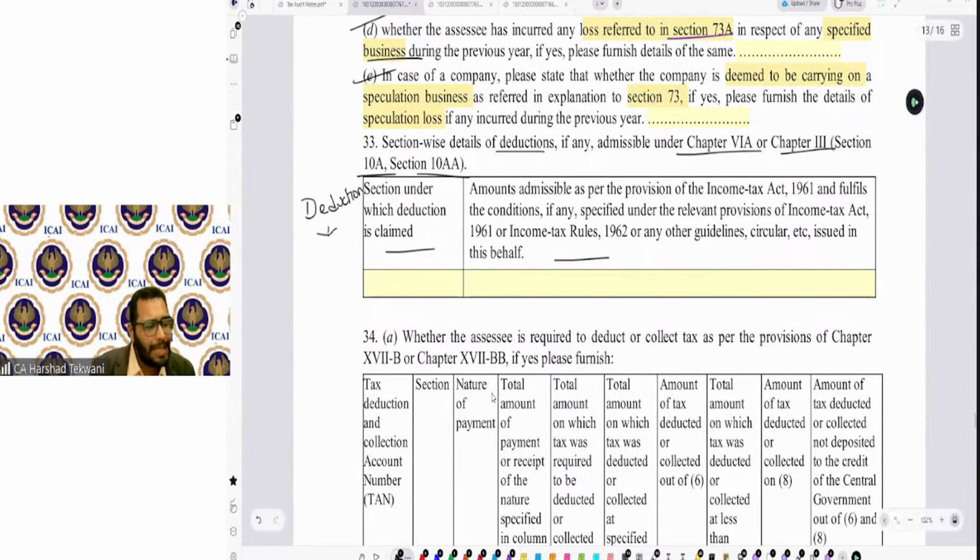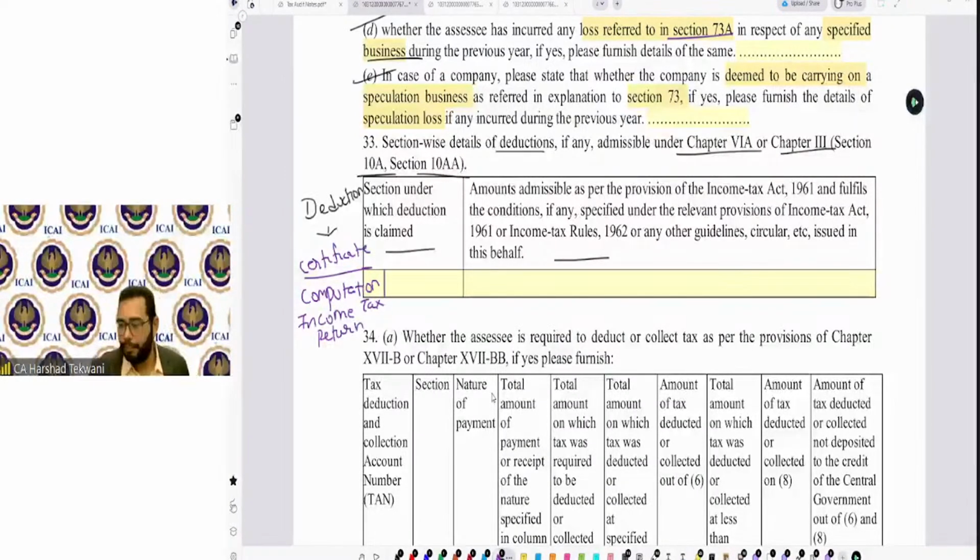You need to obtain certificate from assessee for the amount which is being claimed by the assessee, okay, or you can obtain computation or income tax return to verify the same.